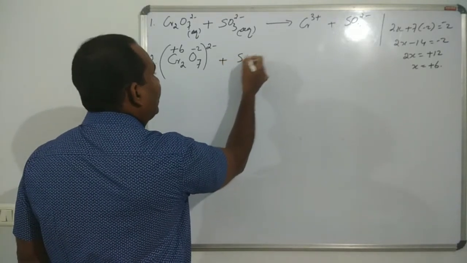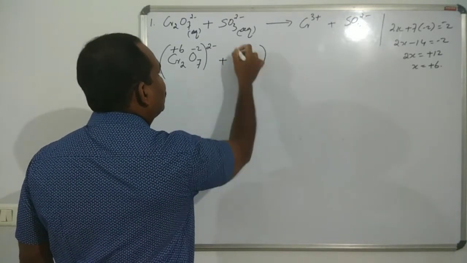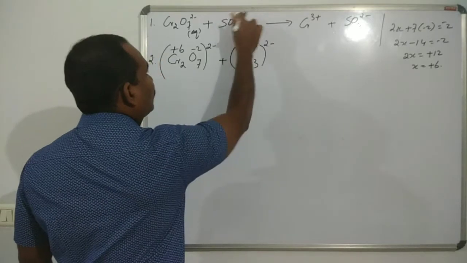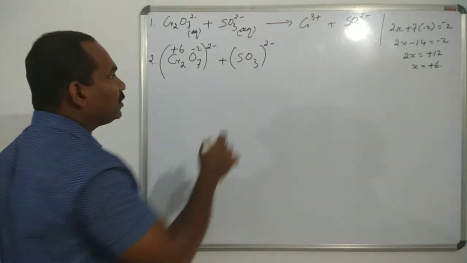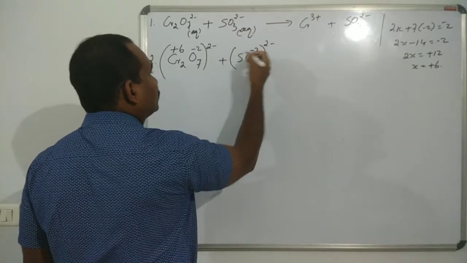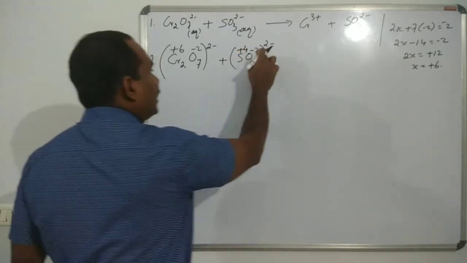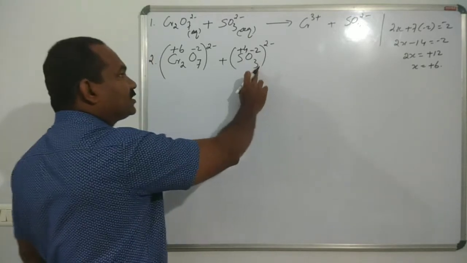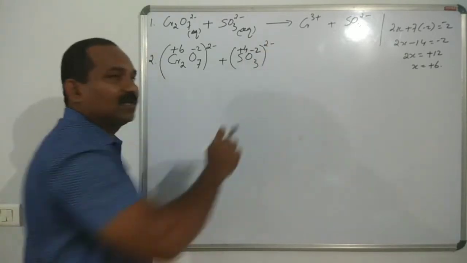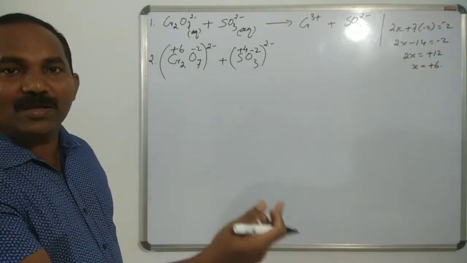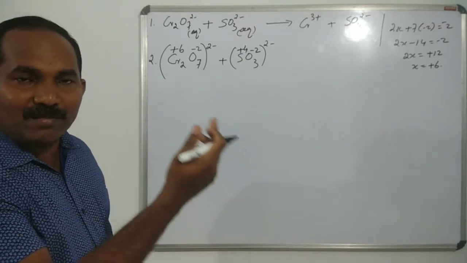Plus SO3 2-. The 2 minus is common. Oxygen is minus 2. So sulfur is plus 4. Minus 2 into 3, minus 6. Out of minus 6, 2 is for the ion. Remaining minus 4.